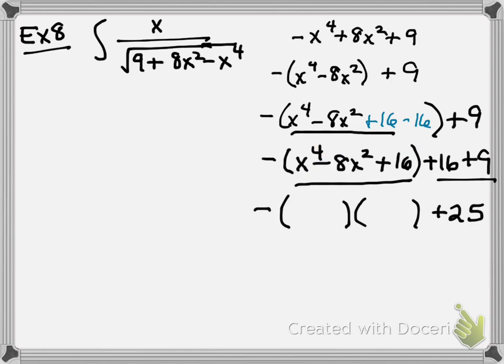And this one, if you factor that, you're going to have an x squared and an x squared here. Well, what multiplies to give me 16 and adds to give me negative 8 would be negative 4. Whoops, I don't need an x on that. A negative 4 in both.